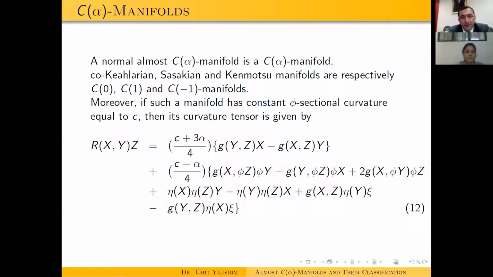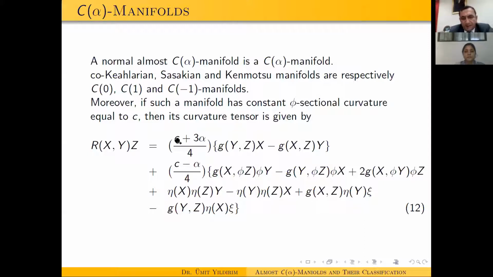Co-Kählerian, Sasakian, and Kenmotsu manifolds are respectively C0, C1, and C minus 1 manifolds: C0 co-Kählerian, C1 Sasakian, C minus 1 Kenmotsu. Moreover, if such a manifold has constant phi-sectional curvature equal to c, then its curvature tensor is given by equation 12.